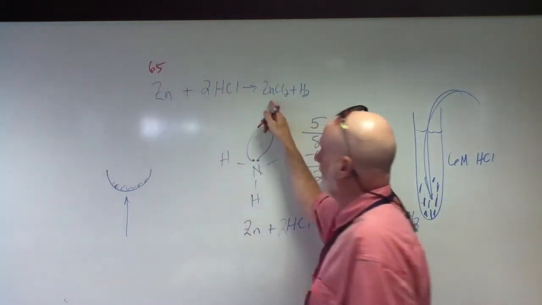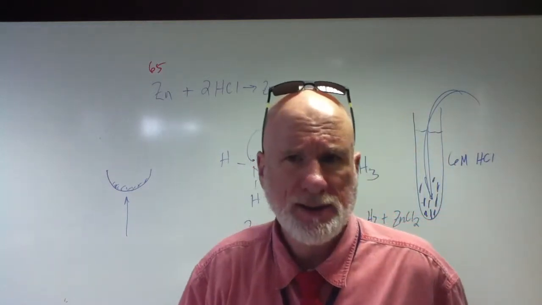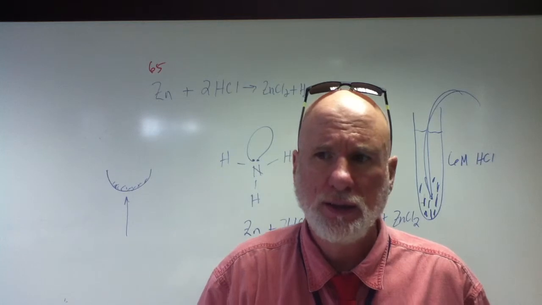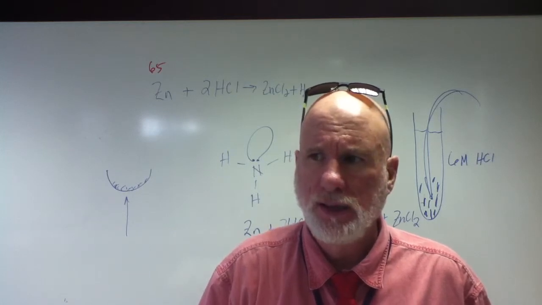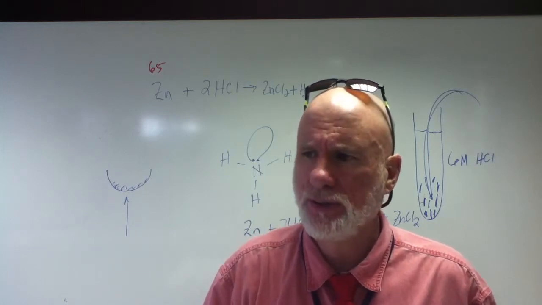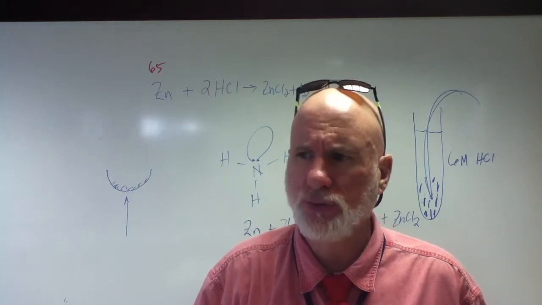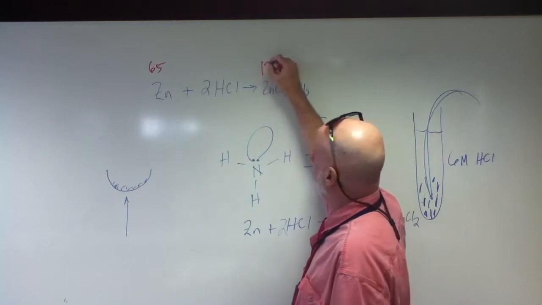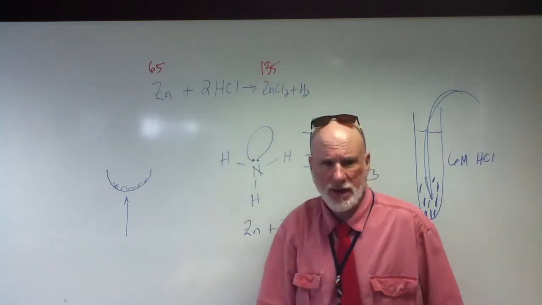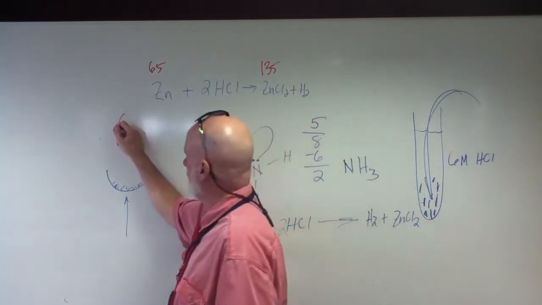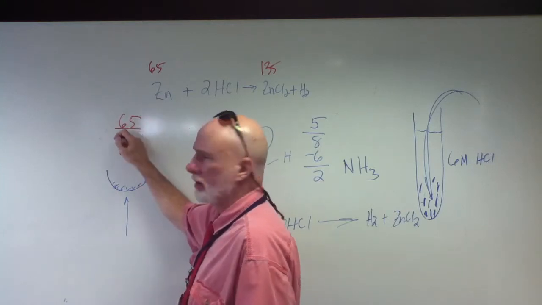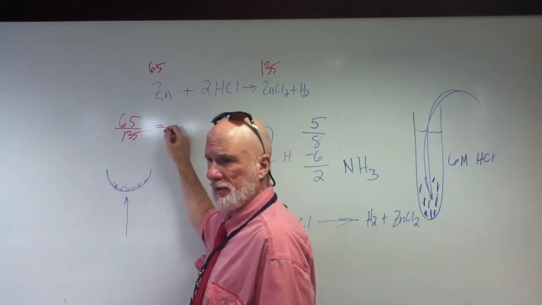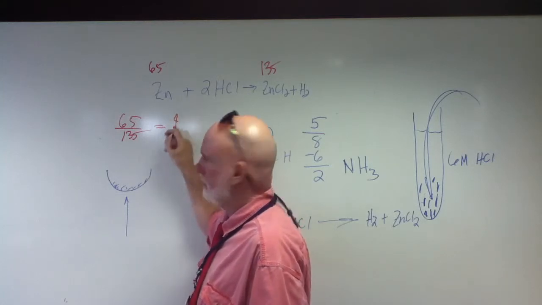And what's the mass of zinc chloride? 65 plus 35, no, ZnCl2. 135. So what is 65 over 135? You need a calculator?